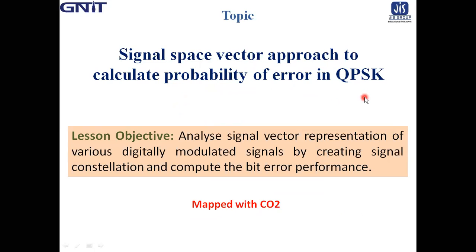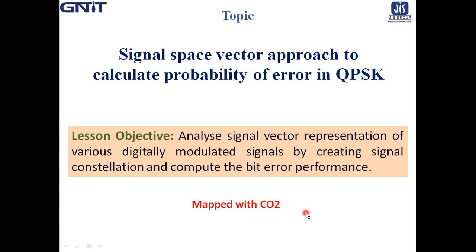The lesson objective of this topic is to analyze signal vector representation of various digitally modulated signals by creating signal constellation and compute the bit error performance. This topic is mapped to CO number 2.